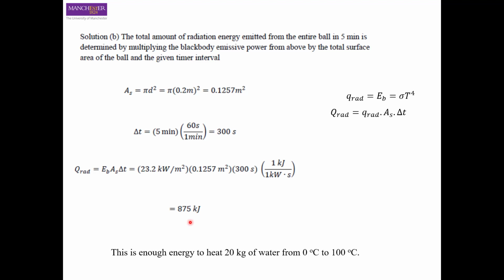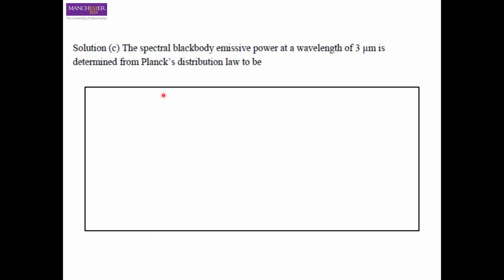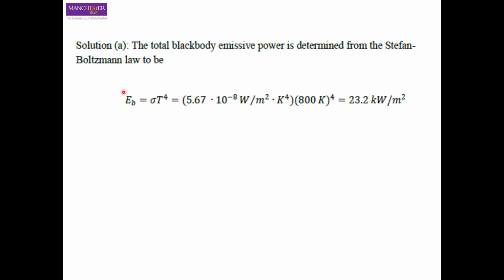Okay. Now for the third part, we are to calculate the black body emissive power. Okay, so that is again EB, but now we need to calculate it at a certain wavelength. This EB here is the total emissive power irrespective of the wavelength. So we are not considering the wavelength of the radiation coming out in this total EB.